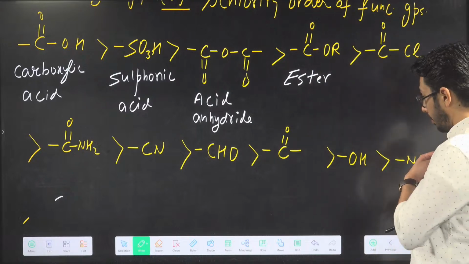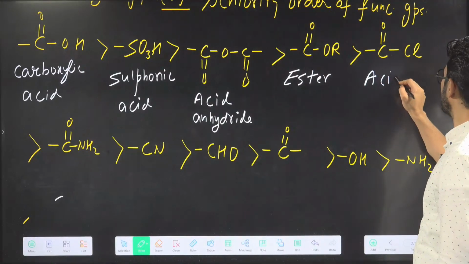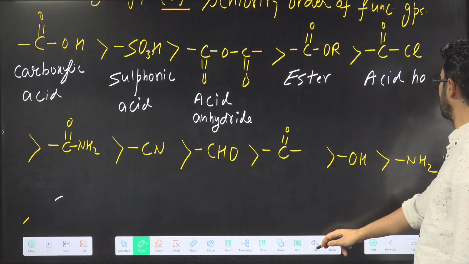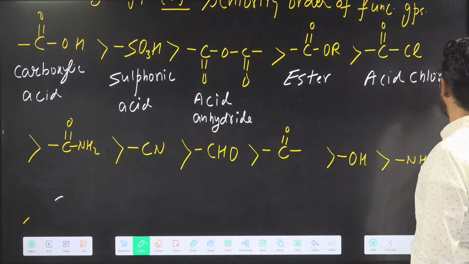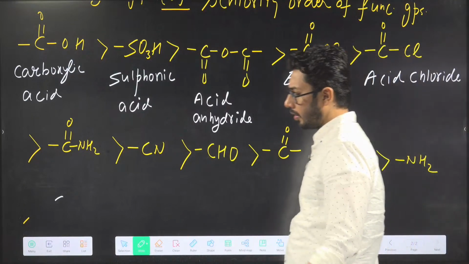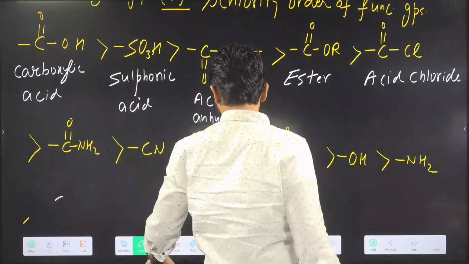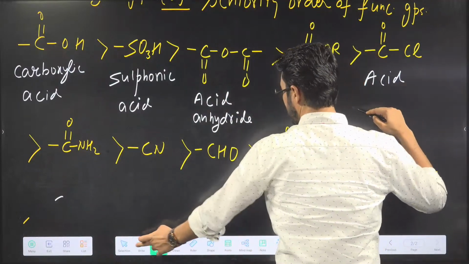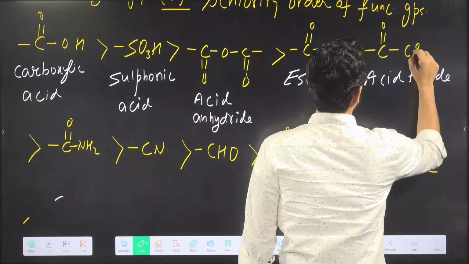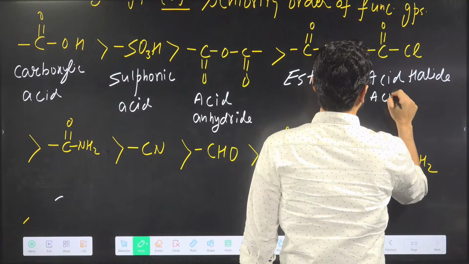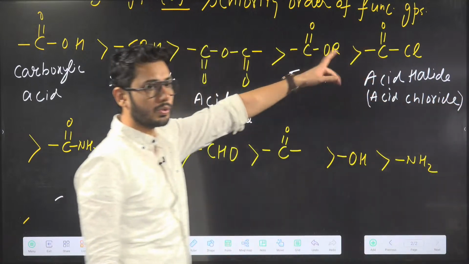Ester, C double bond O, O R. Actually, here the halogen can be Cl or Br, so I have written the general term acid halide. Here also I am writing acid halide, or you can say acid chloride, which is written above. For this particularly, I have written COCl.